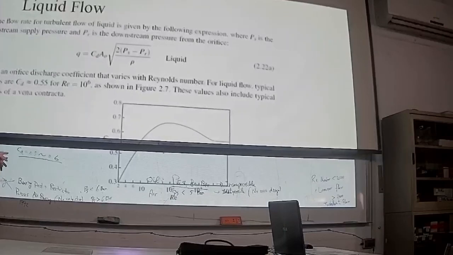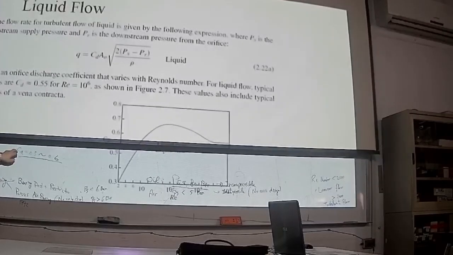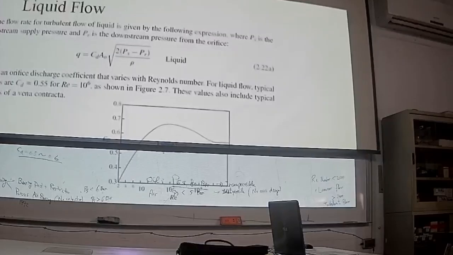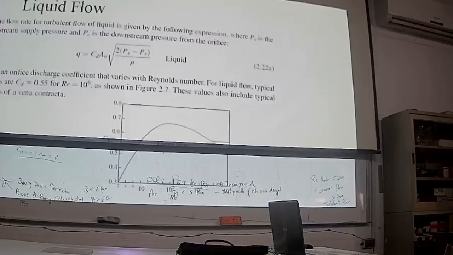People usually verify this discharge coefficient by experiment. But in most cases, it lies between 0.5 and 0.6.